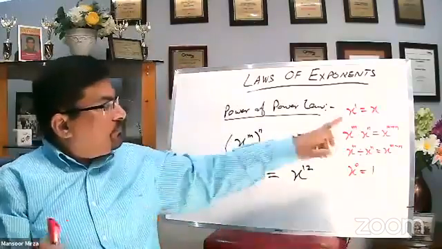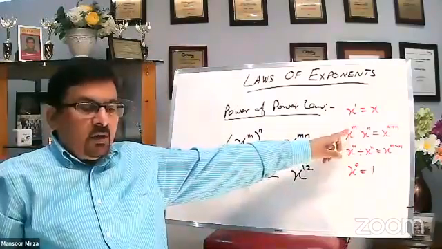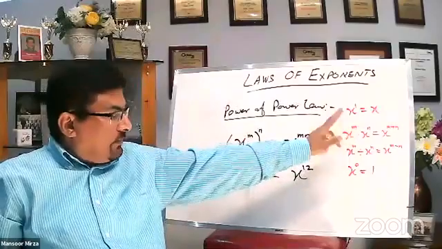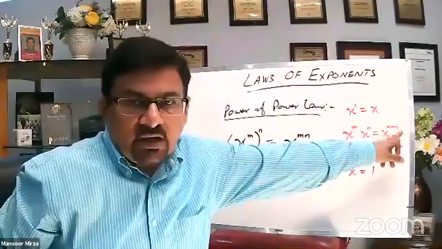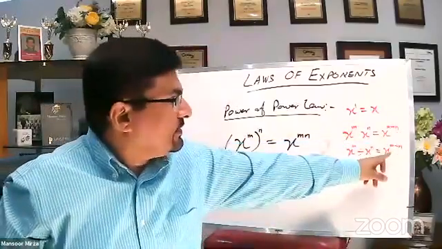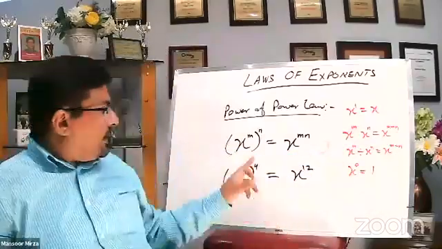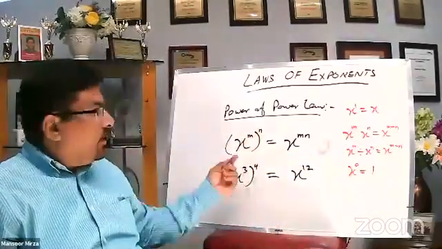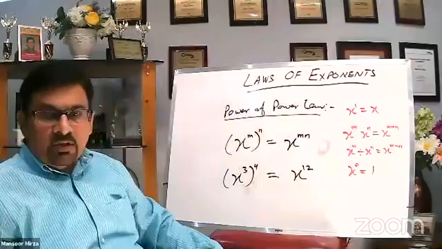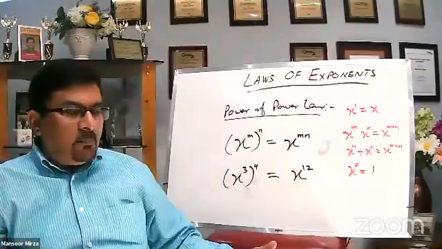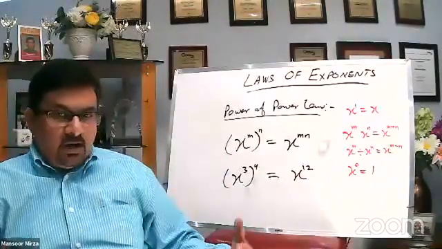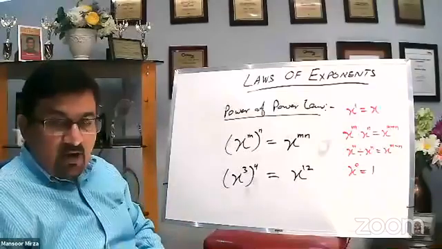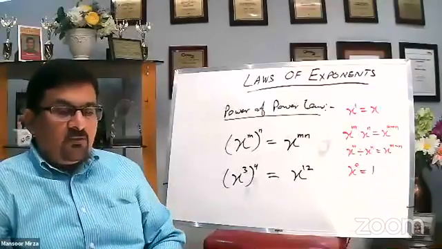Then we covered multiplication, which gets the powers added. Division, where the power gets subtracted. And then the power of a power law, where these powers get multiplied with each other. So these are the 5 different laws we discussed altogether.